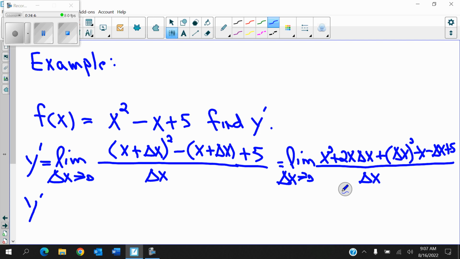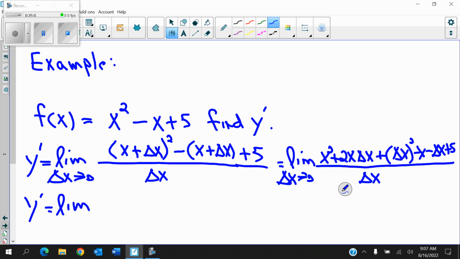So y prime now will be equal to... we're going to have what? We can factor out a delta x, can we not? So let's do that.